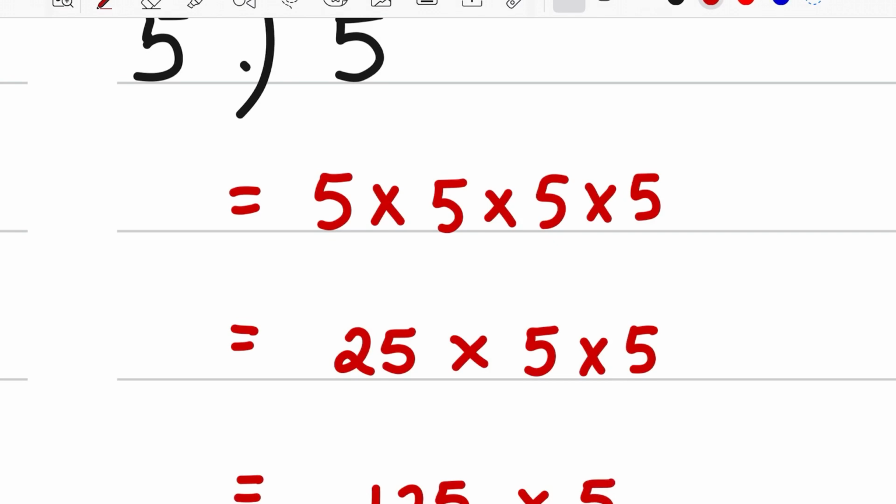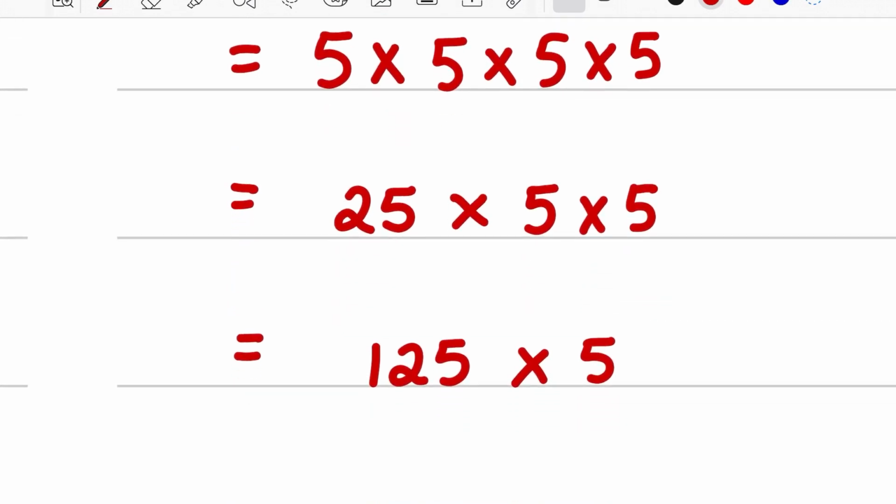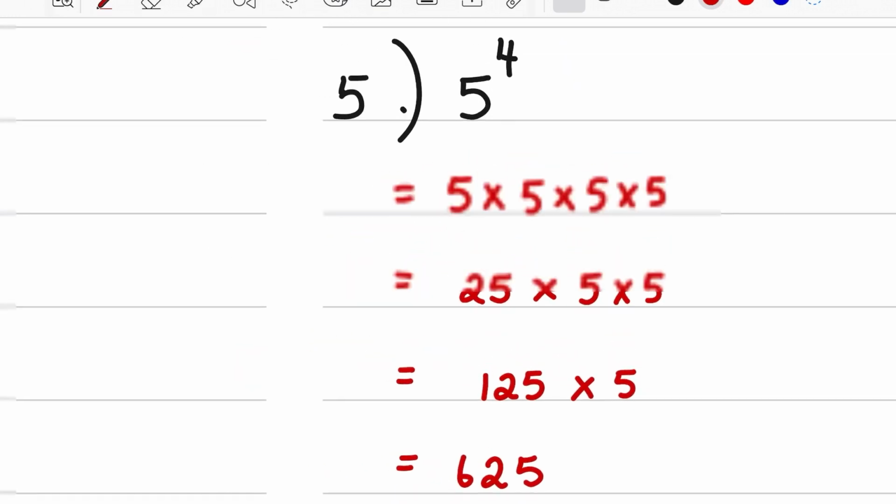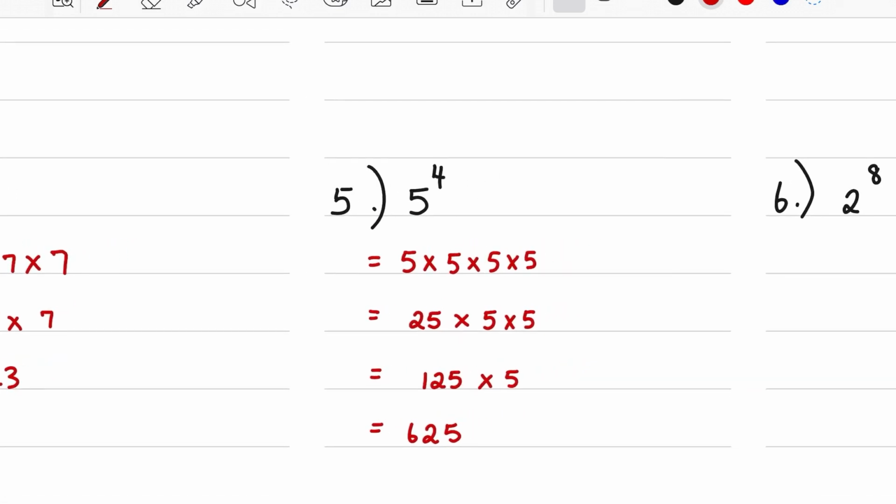Again, bring down that last times 5. 125 multiplied by 5 now is 625. So this is 5 raised to the power 4. Your answer for question 5 is 625.